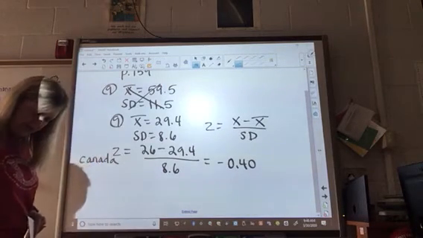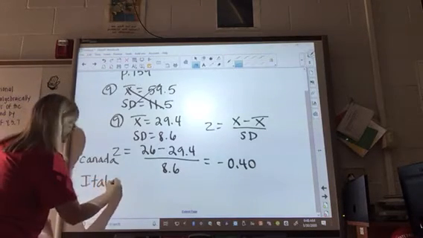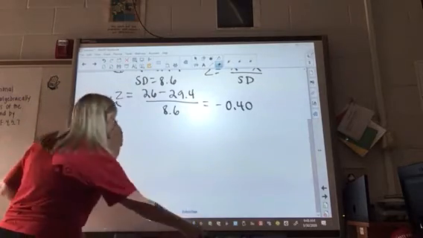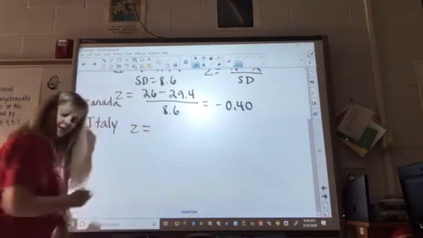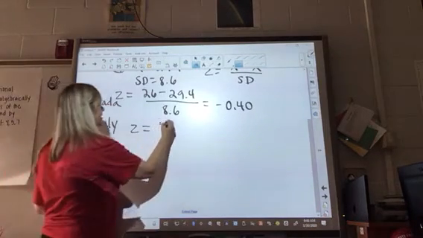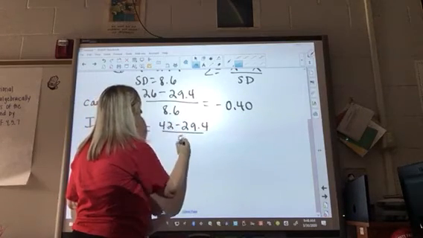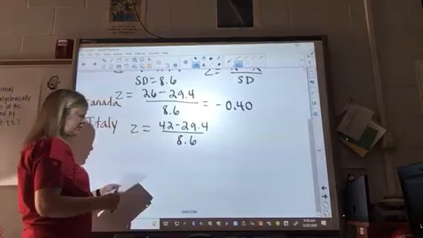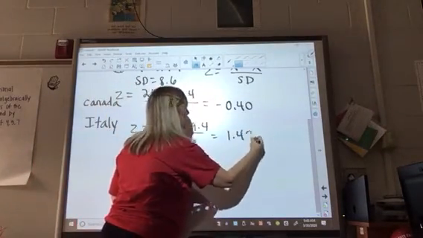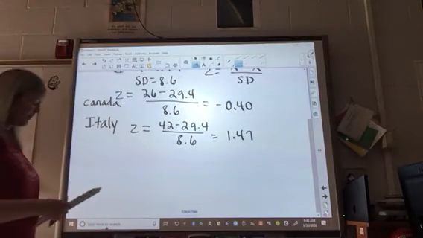All right, next if I do Italy, Italy says they have 42 days. So the mean is still 29.4 and the standard deviation is still 8.6. Round to the hundredths. So they're 1.47 above the mean.